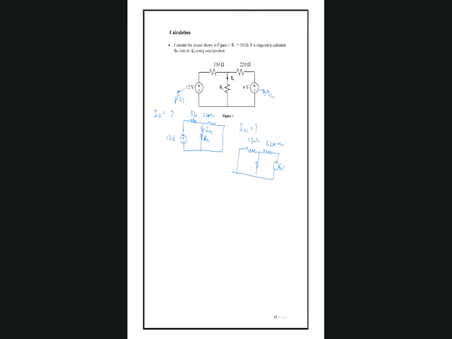This is RL, and with this you have to find out I02, and at the end you need to verify that I01 plus I02 will give you I0. Okay, you will get the calculated values. This is about the calculation.